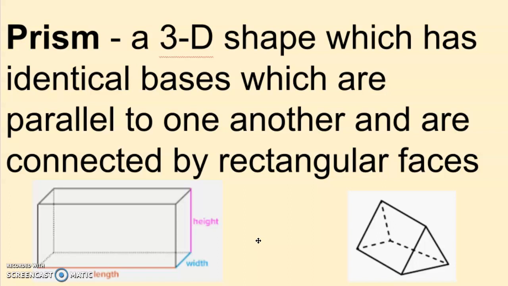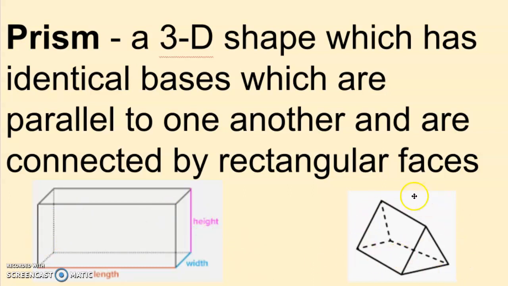The bases are going to be congruent to one another, so they're the same size and shape, and they are connected by rectangles. So in this rectangular prism, the front and the back rectangles are identical, congruent, same size and shape, and they are connected by other rectangles, which would be the top, the bottom, the left, and the right side.